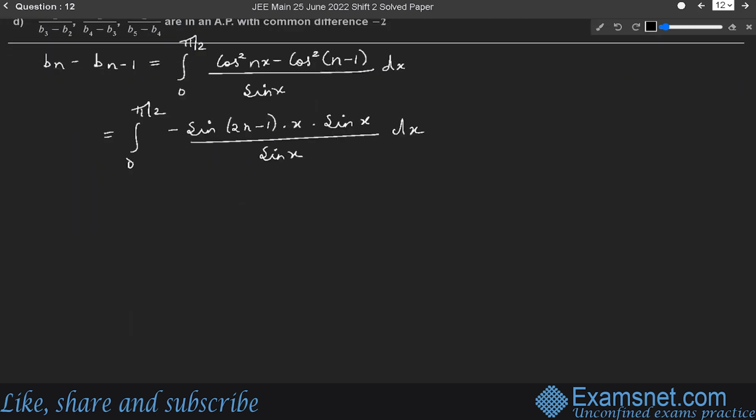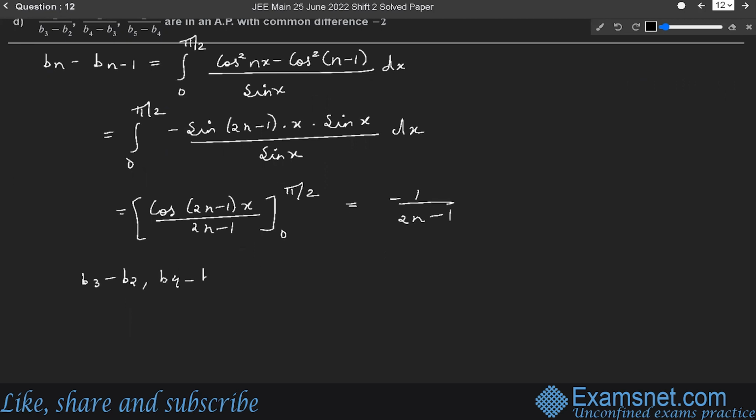On further simplification, this will be equal to cos of 2n minus 1 into x divided by 2n minus 1, where the limits are 0 and pi by 2. So this will be equal to minus 1 upon 2n minus 1. Therefore, B3 minus B2, B4 minus B3 and B5 minus B4 are in HP.